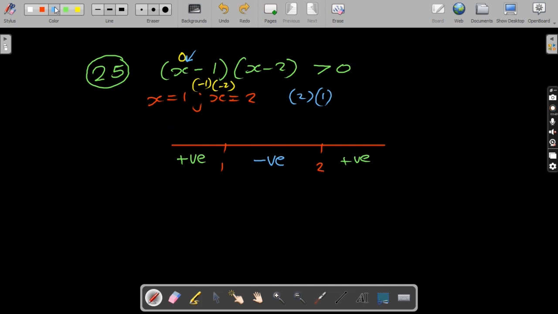So to answer the question, I'm just going to look at the sections which have positive, and that is anything which is less than 1 and anything which is greater than 2. So my final solution then is x less than 1 or x greater than 2. And these are my solutions.